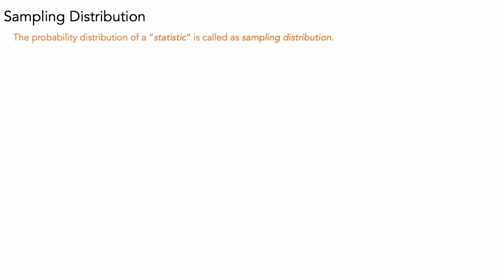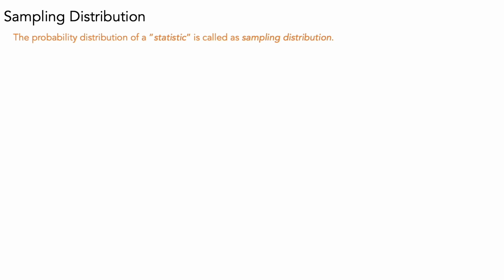Earlier we have seen the probability distributions of populations. Now when we collect a sample from that population and perform some calculations and get a statistic, the probability distribution of that statistic is referred to as the sampling distribution.